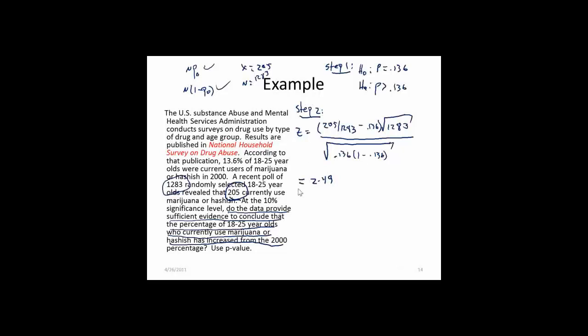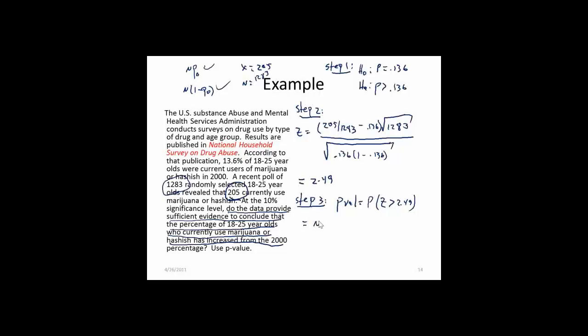All right, continuing on. Step number 3, we have to come up with our standard normal distribution. And we're doing the p-value. So to compute the p-value, it is going to equal the probability that z, now let's see, what do we got? An upper-tailed test. So z is greater than 2.49.